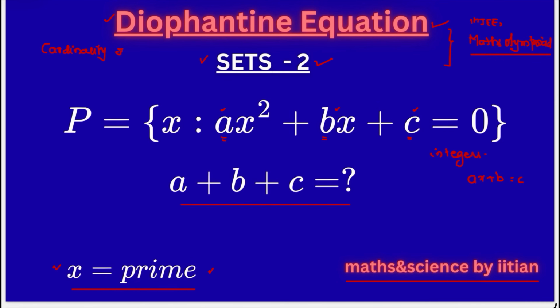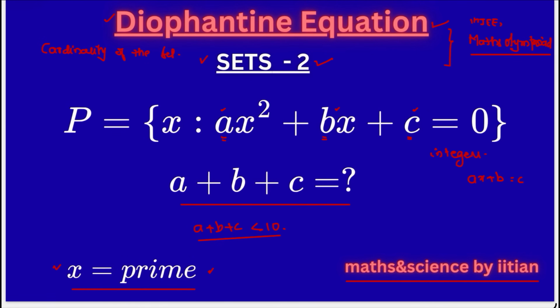If any more equation is given, like if a plus b plus c is less than 10, we can find the cardinality. Cardinality is nothing but the number of elements in the set P.